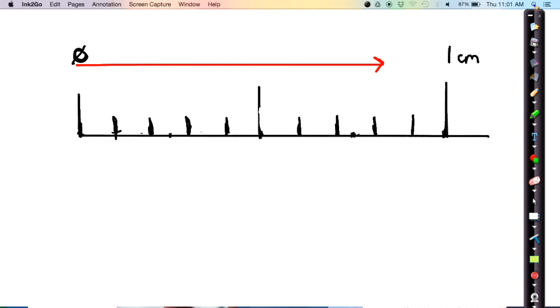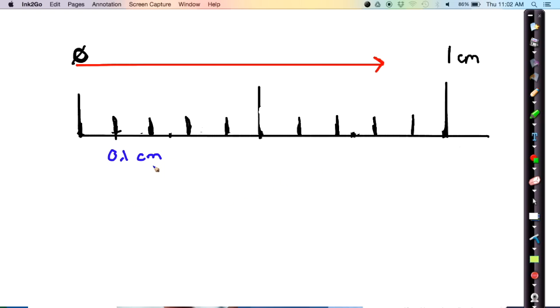You'll notice that this ruler has markings every 0.1 centimeter or a tenth of a centimeter. So here's 0, here's 1 centimeter, and we have markings on the measurement tool at each tenth of a centimeter. This is really important when we go to make a measurement with this device, because in science we always want to measure one place past, one number beyond the smallest marking on the measurement tool.